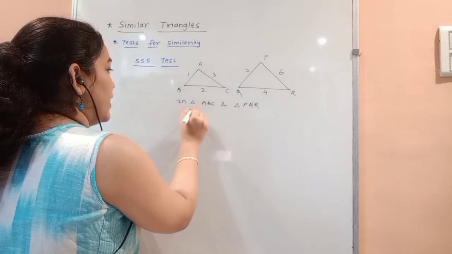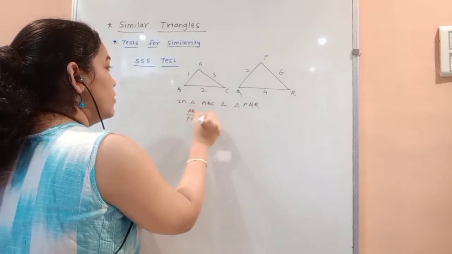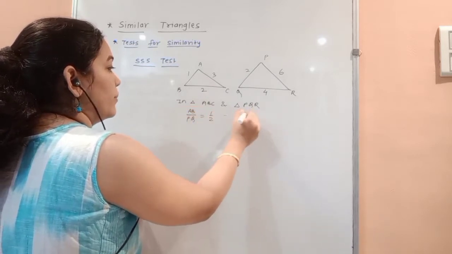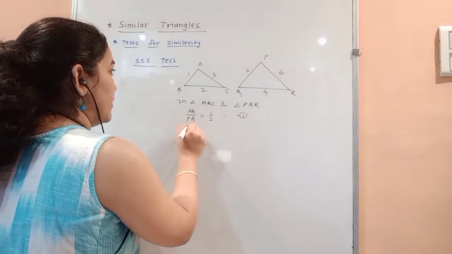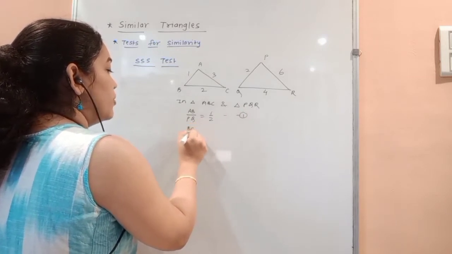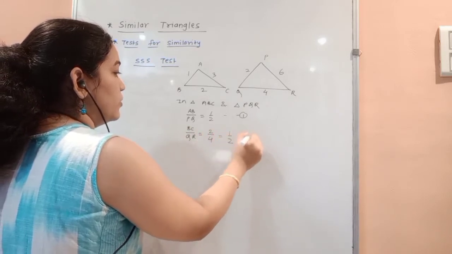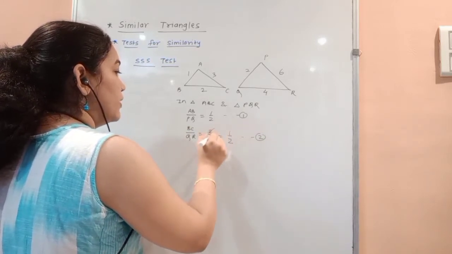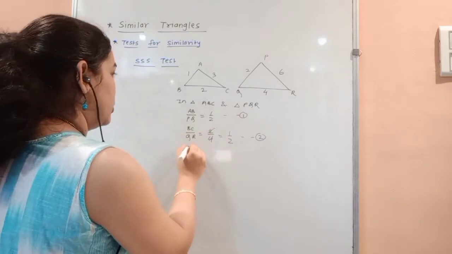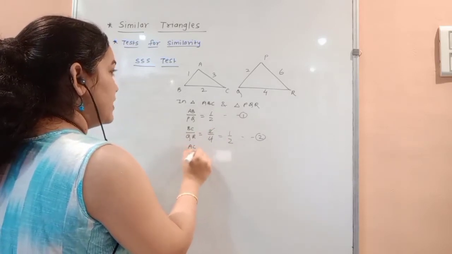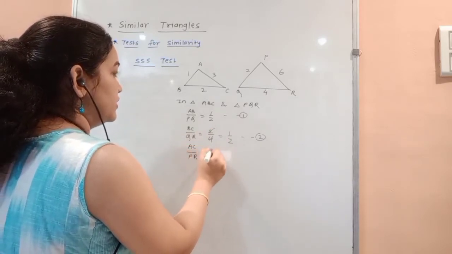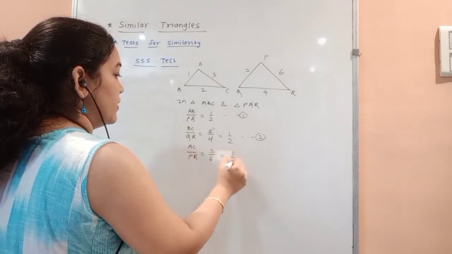If you write AB upon PQ, you will get ratio 1 upon 2. Number it as equation 1. Then BC upon QR is equal to 2 by 4, which is equal to 1 by 2. Number it as equation 2. Also AC upon PR is equal to 3 by 6, means 1 by 2.